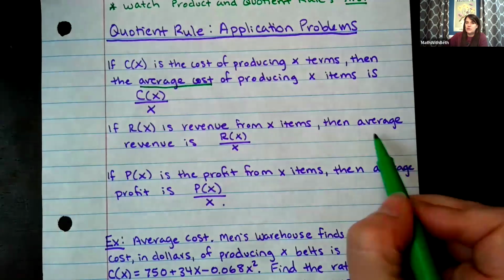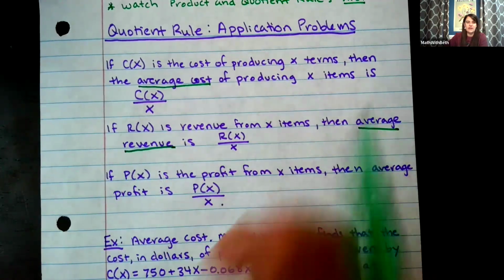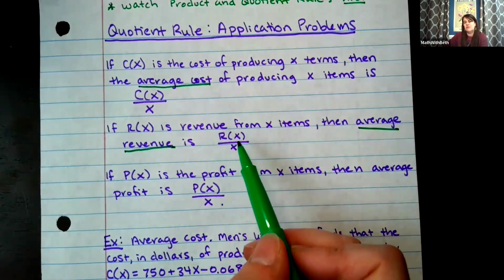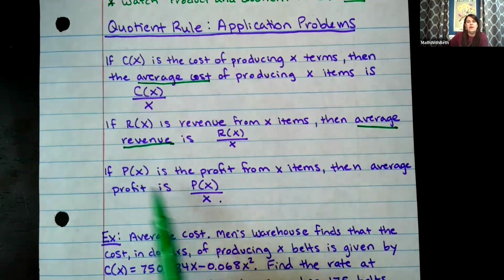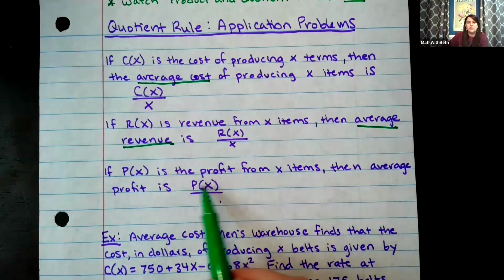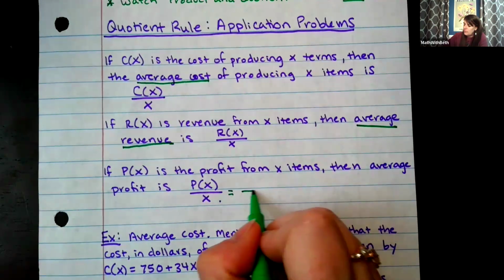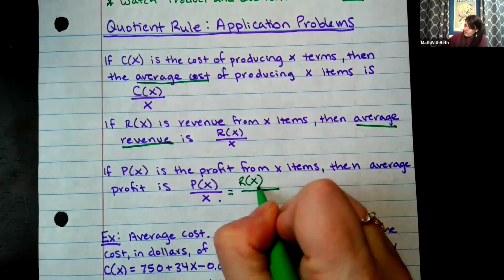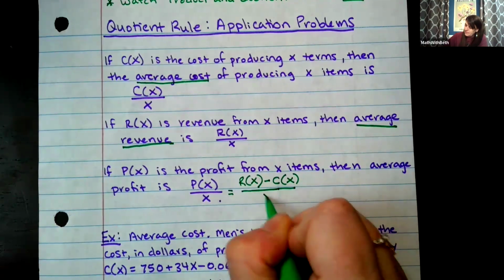To find average revenue, revenue is how much money the company brings in. You would use the revenue equation divided by X. And then finally, for the profit, which is how much you actually make, you would take the profit equation divided by X. But more importantly, if they don't give you the profit equation, remember, it is your revenue minus your cost.